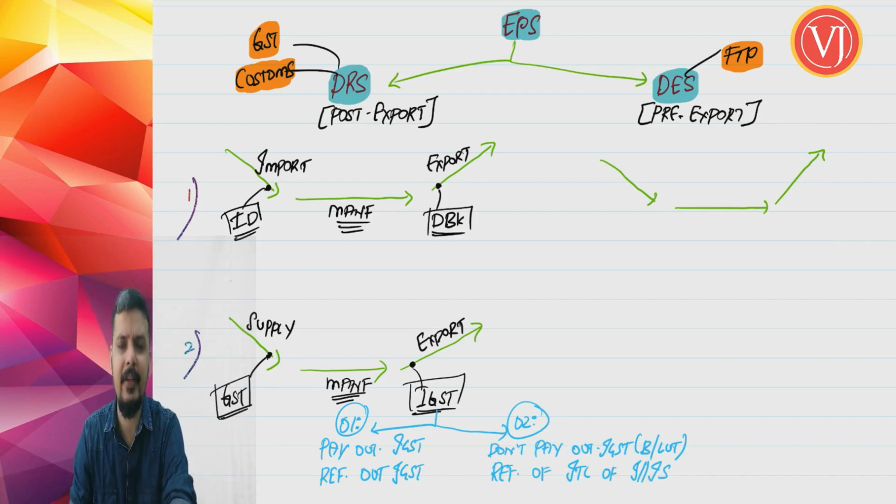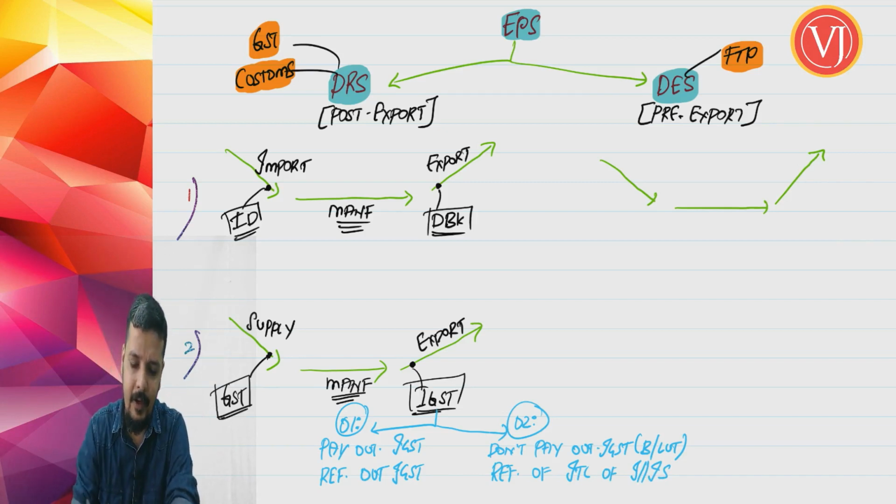So these things we have already discussed. And when you talk about duty drawback, friends, we have discussed it is either section 74 duty drawback if it is a trader, and we are not talking about manufacturing activity, or section 75 duty drawback.